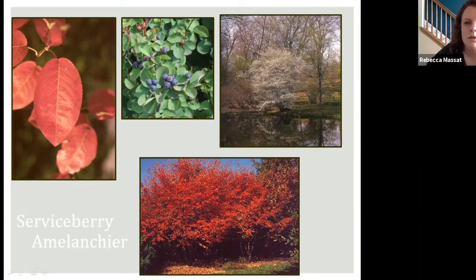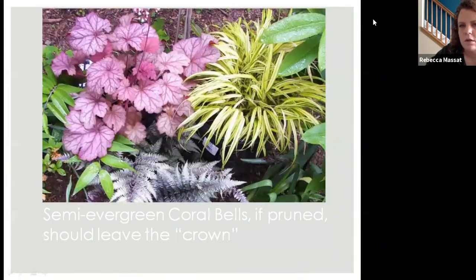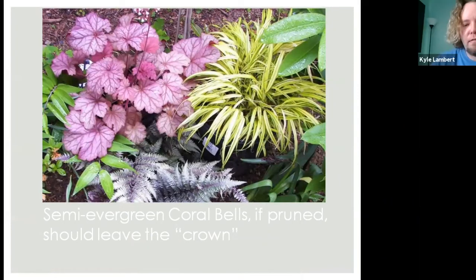Can you go back to your coral bell page? Yes. There's a question on the grass and the specific variety of the fern and the heuchera coral bell. The fern would be a Japanese painted fern, Athyrium pictum. The grass is the variegated Hakone or Hakonechloa grass. And the specific coral bell, we thought maybe it was Georgia Peach.